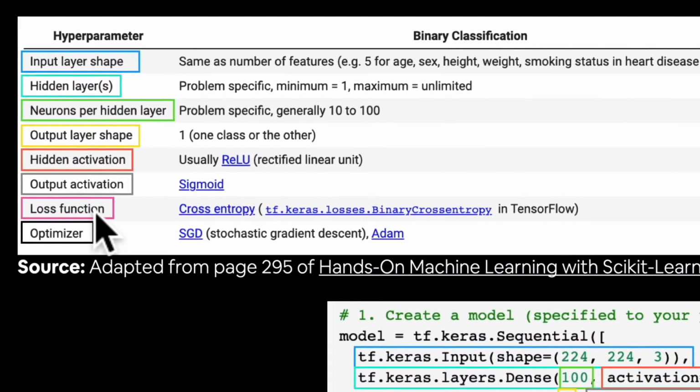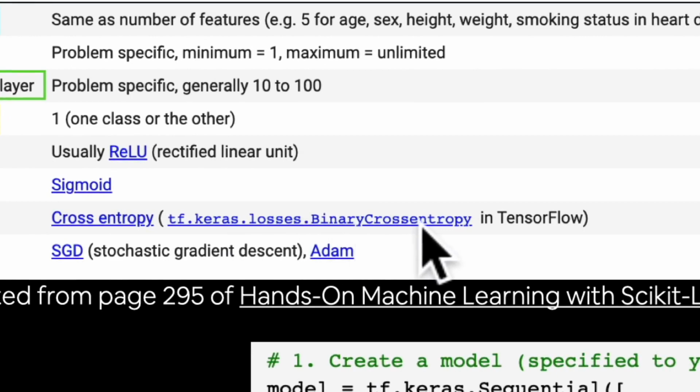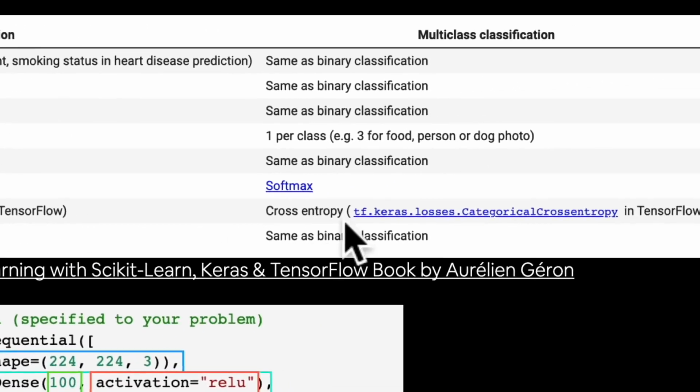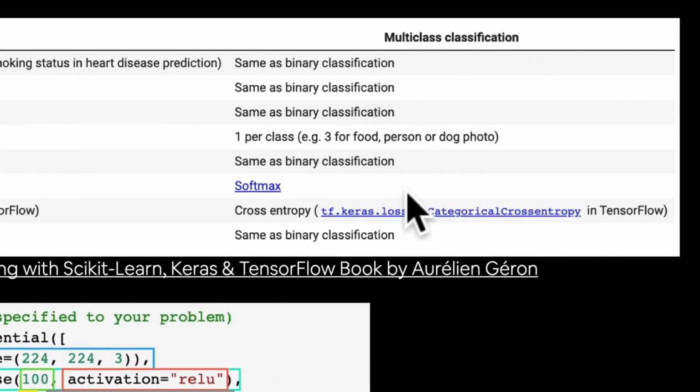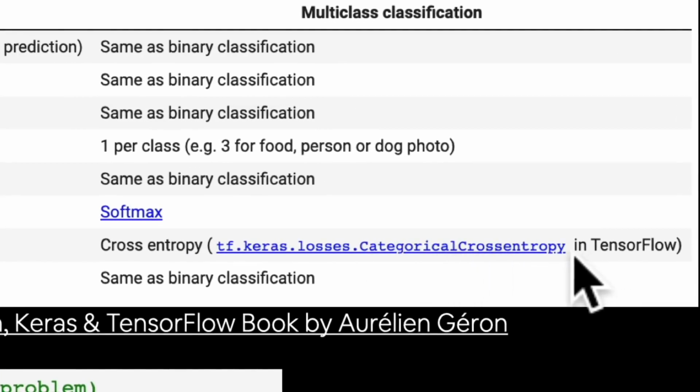Now, loss function. Across the board, we're going to be using cross entropy, which is a loss function for classification problems. Now, for binary classification, we're going to be using binary cross entropy in TensorFlow. And for multi-class classification, we're going to be using categorical cross entropy in TensorFlow.